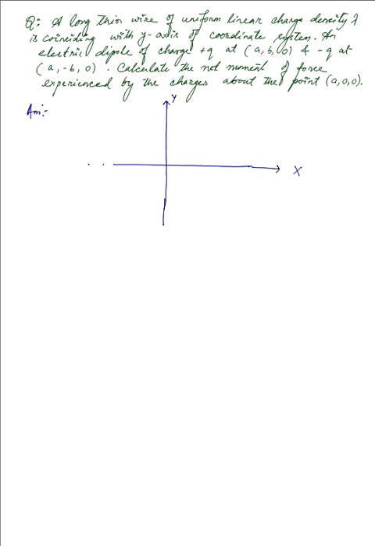And we have a uniform charge distribution. Let me use another ink for that. We have a uniform charge distribution of charge density lambda. So I'm using a black ink over here.